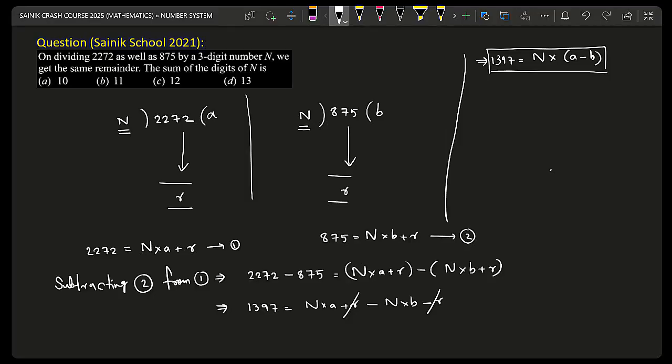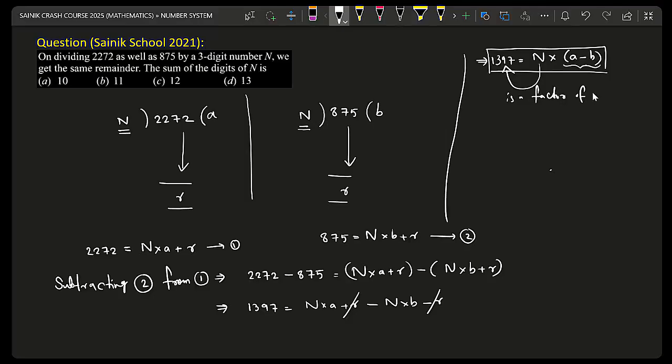Anyone want to give the answer? You can raise a hand. Simple. 20 is equal to 4 into 5, we can call 4 a factor of 20. N multiplied by some number and you're getting 1397. We can say n is a factor of this number.